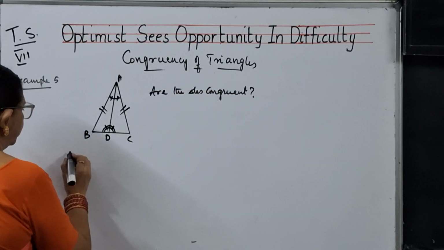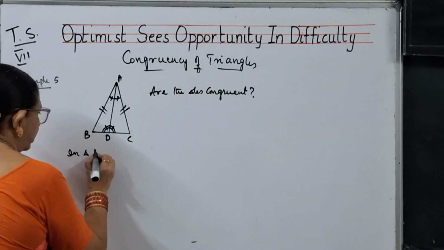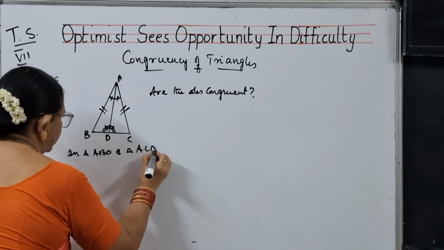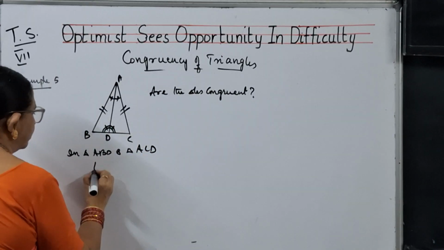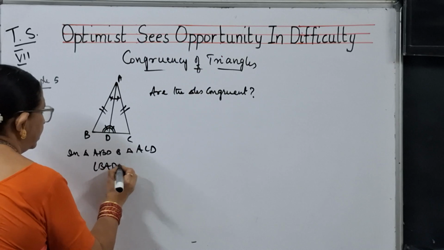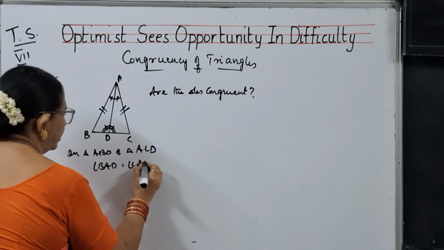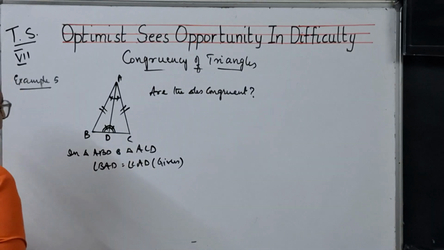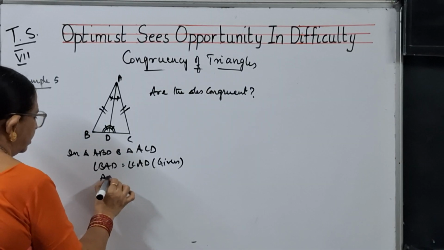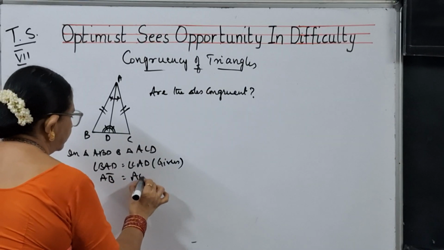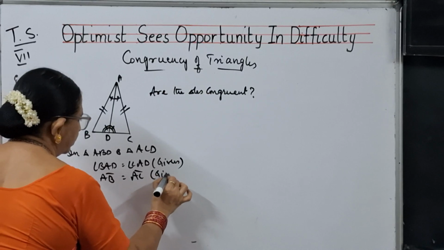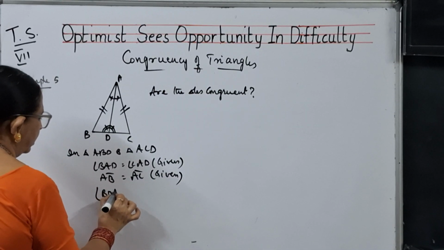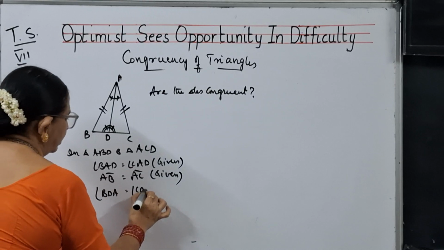Here we are able to see two triangles, triangle ABD and triangle ACD. In these two triangles, angle BAD is equal to angle CAD. This is given to us with the help of the markings. AB is equal to AC. This is also given to us. And angle BDA is equal to angle CDA.